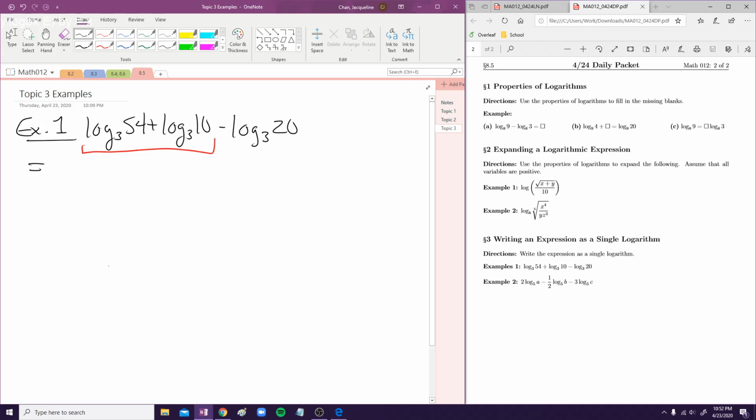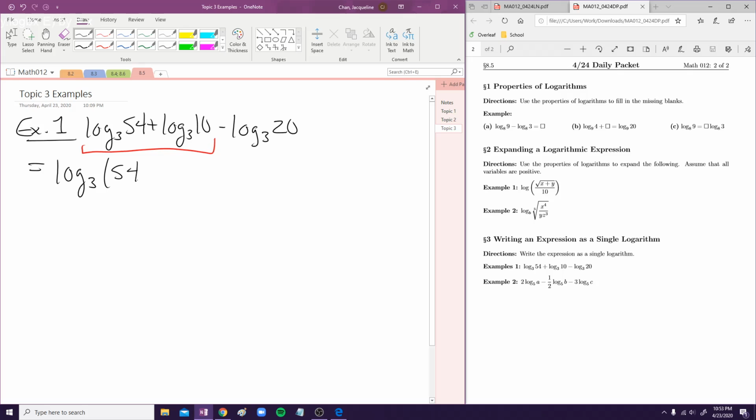So remember, if I had log of 5 plus log base 3 of 10, I cannot combine these. This would be as simplified as possible since they don't have the same base. But when they do have the same base, we have some nice properties. So log base 3 of 54 plus log base 3 of 10, when they add, I take one single logarithm, just log base 3, and then I combine the arguments.